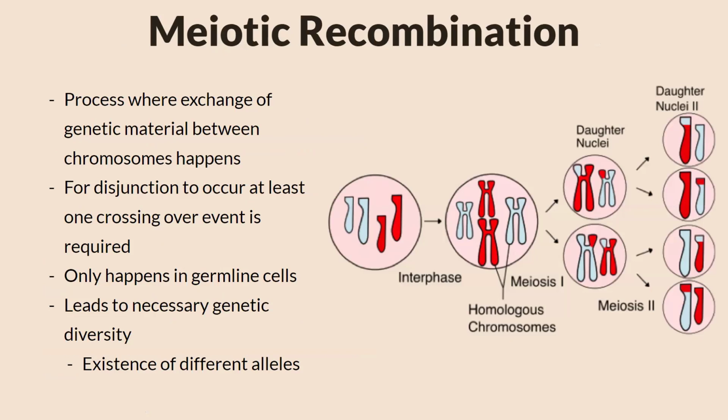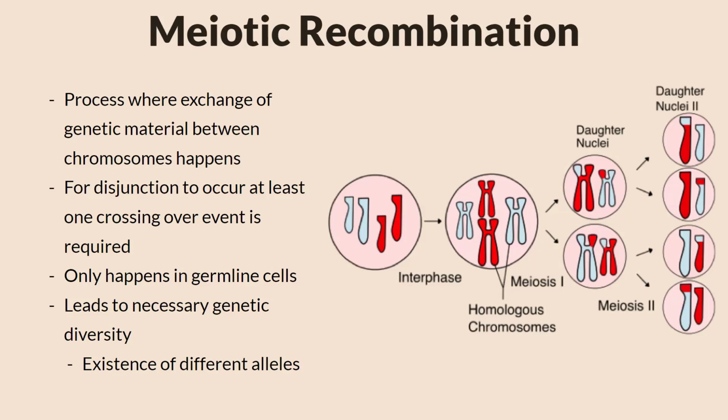We have 23 pairs of chromosomes per cell, but in our germline we can only have one of each of the 23 chromosomes, so that you have 23 pairs when fertilization occurs.